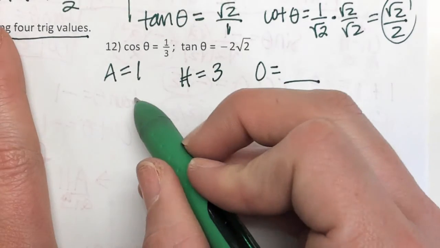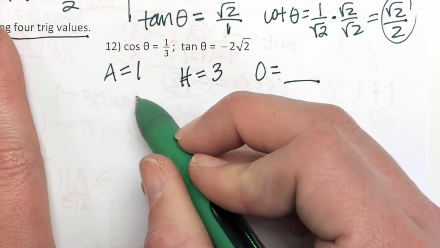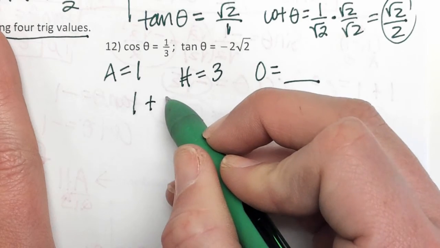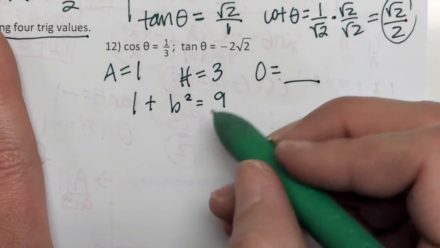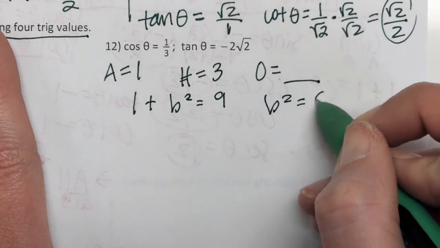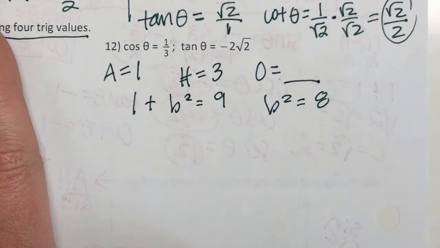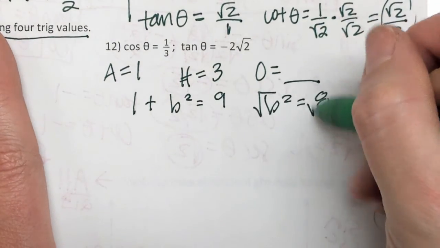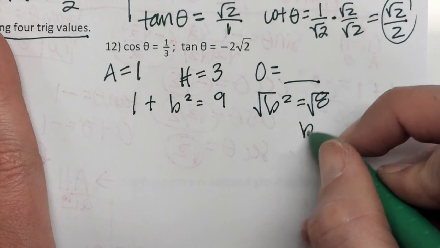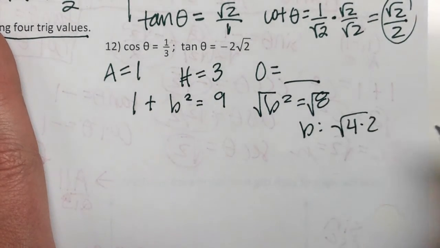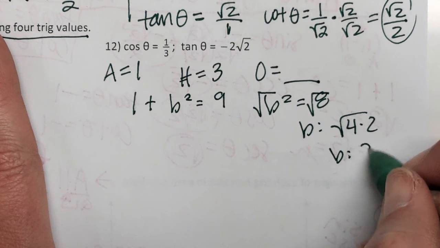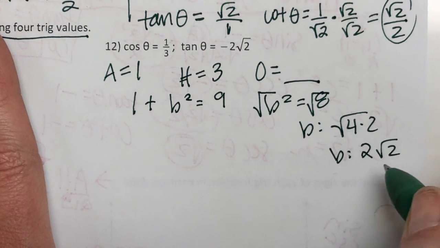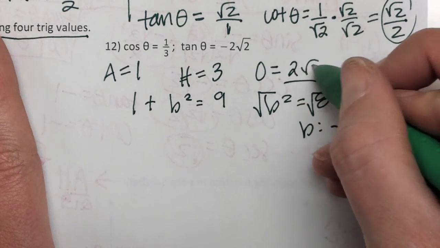Good. Tell me how to set it up. Plus equals. So we subtract and get b squared equals. And can we take the square root of 8? But we can break it up into what? 4 and 2. So what can we take out? 2. Very good. So what did we just find again? Opposite.